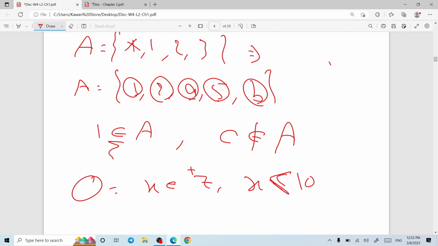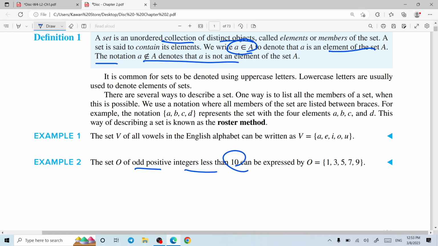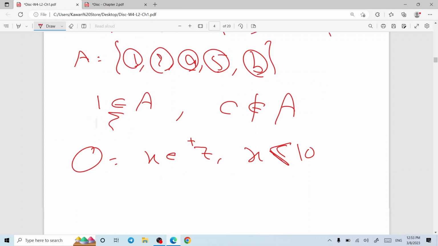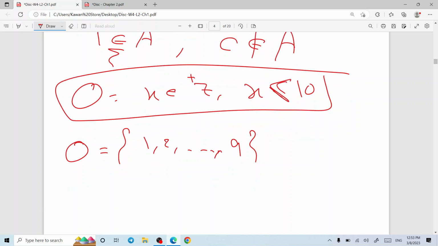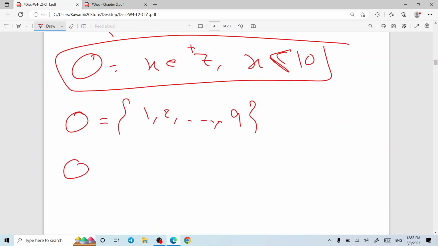So what's the difference between them? Less than 10, we can just translate this sentence to numbers. How? I say it is equal to 1, 2 till 9. Understood? 1, 2, 3, 4, 5, 6, 7, 8, 9. I mean those numbers. Is that right? Yes.